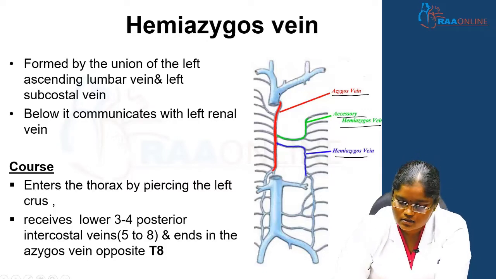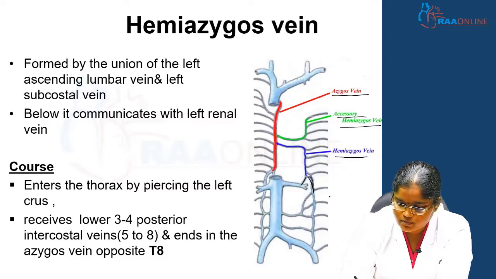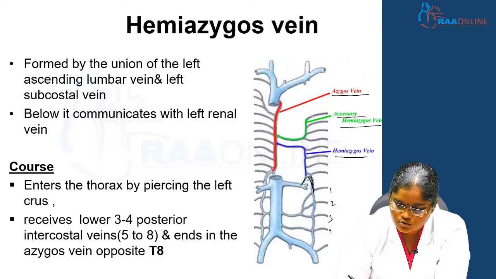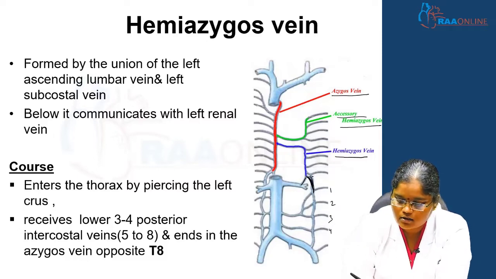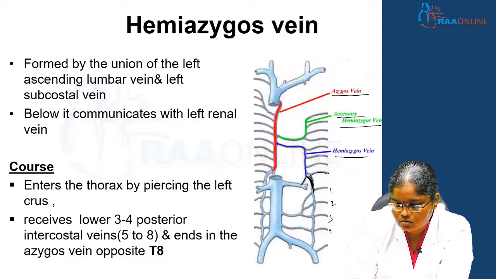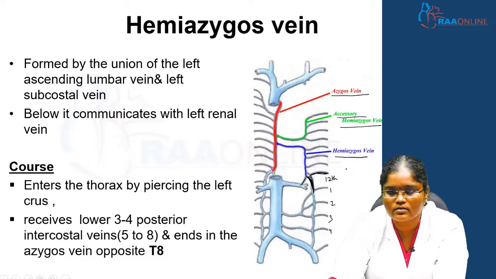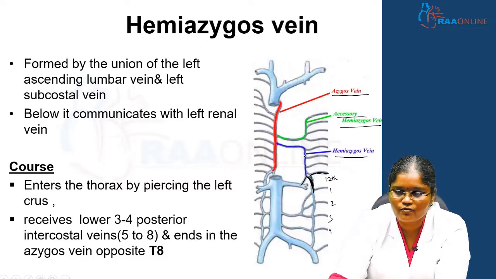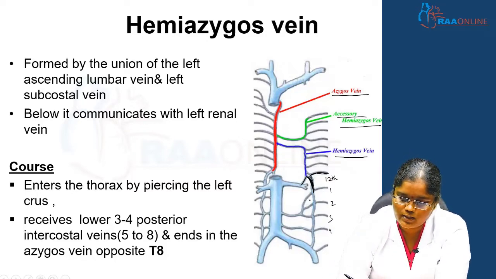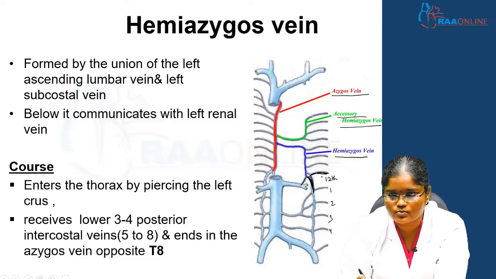See here, this is the ascending lumbar vein formed by the 1st, 2nd, 3rd, 4th lumbar veins. This ascending lumbar vein joins with the subcostal vein, that is the 12th vein, and then it forms the hemiazygos vein. This is how the hemiazygos vein is formed.